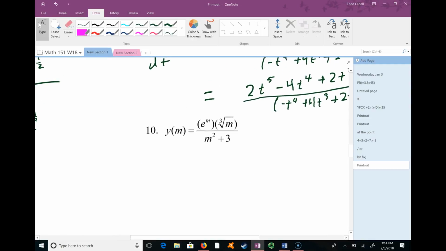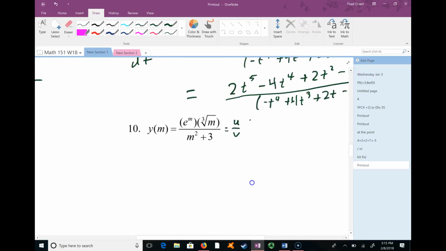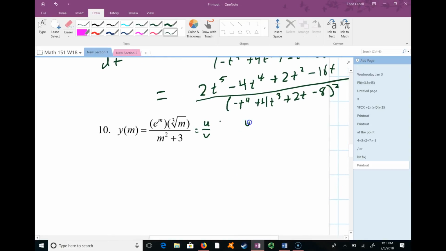So this looks like a product rule within a quotient rule. So I'm going to do a little u-v thing here. So u prime is going to involve the product rule. Do you see that?